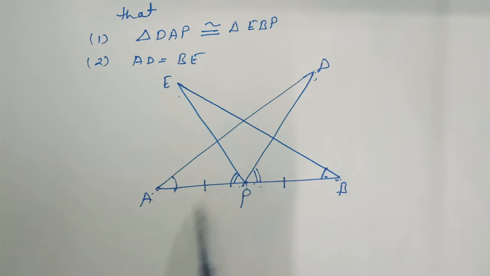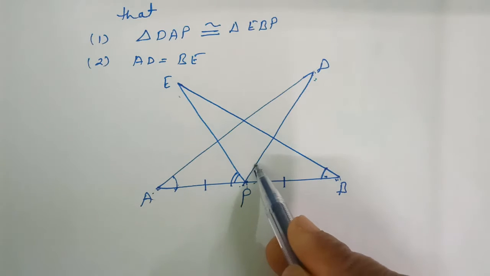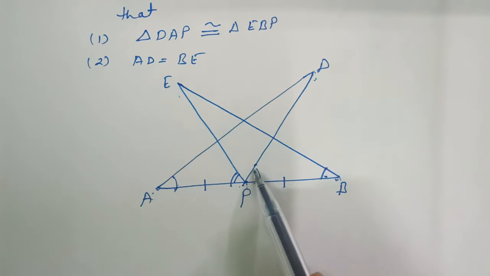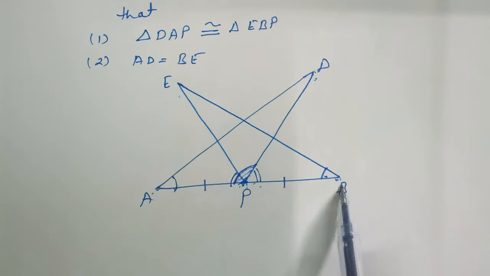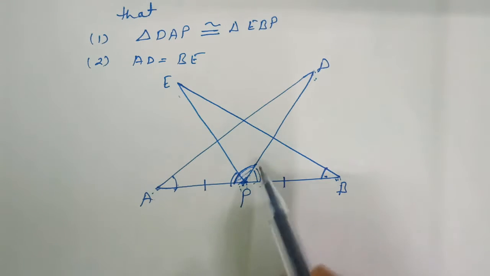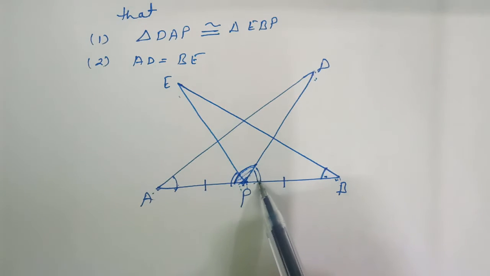If we see the third part, we have this angle equal to this angle. If we consider triangle DAP, the angle P means this complete angle should be there. And in triangle EBP, here also this portion is equal.